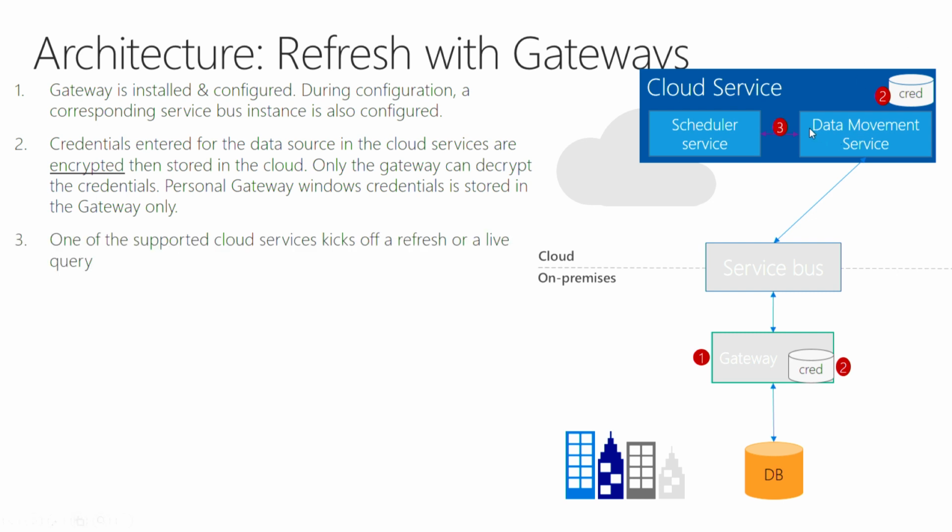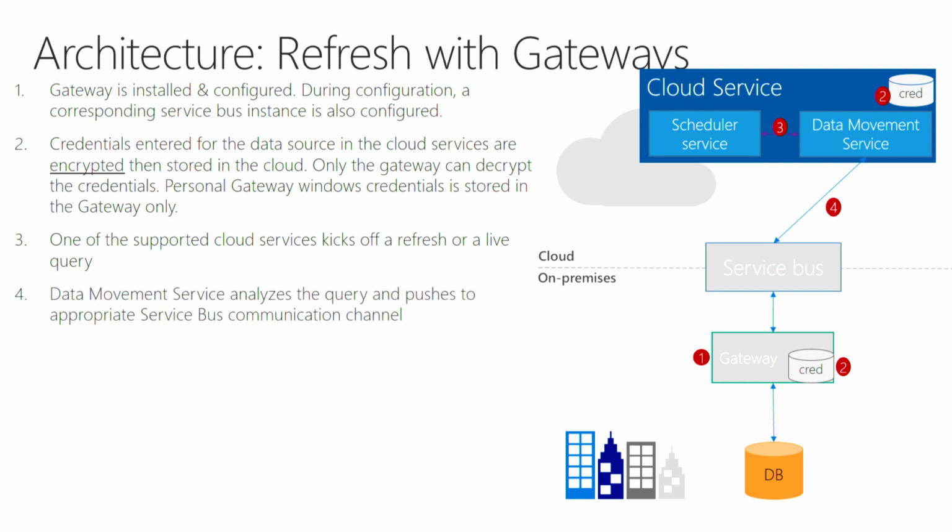So let's say one of the supported cloud services like Power BI kicks off a refresh, or someone opened a report that connects to an on-prem data source. What actually happens is the cloud service, or what we call the data movement service, analyzes the request, and based on what data set is associated to which gateway, we detect which service bus communication channel the request will go through.